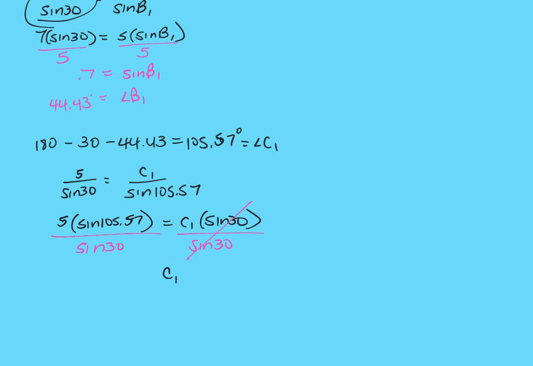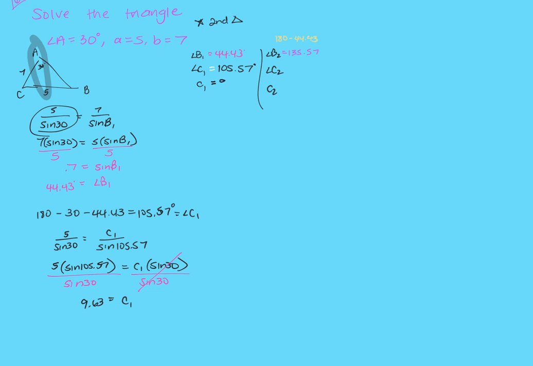So C1 is 5 times the sine of 105.57 divided by the sine of 30. And I get C1 is 9.63. So that's it for the whole first triangle. Remember, you would find it's no triangle from the very first angle. At the first angle, you'd get something that's bigger than 1, and then you go to second sine, it doesn't work. So that's when that would happen.